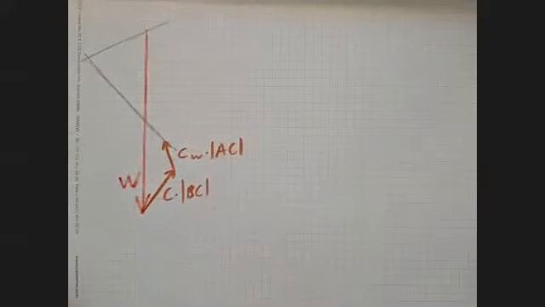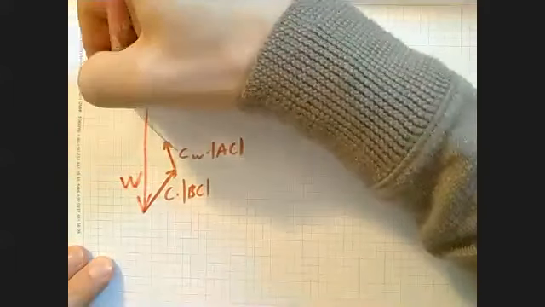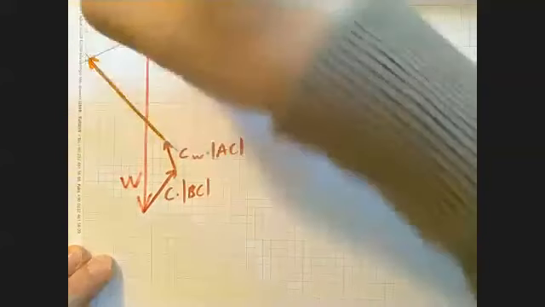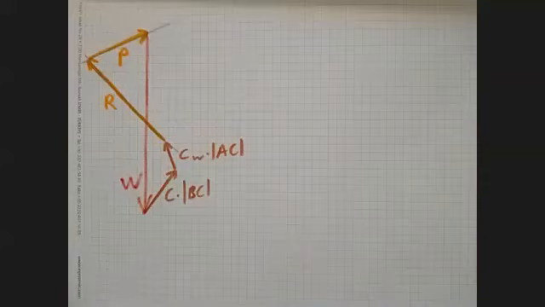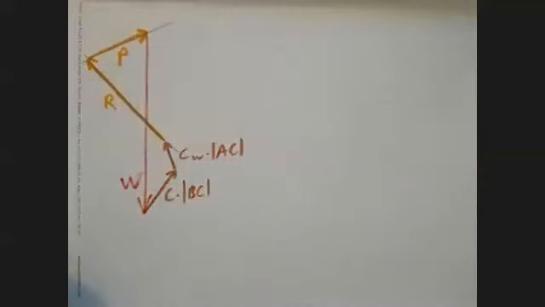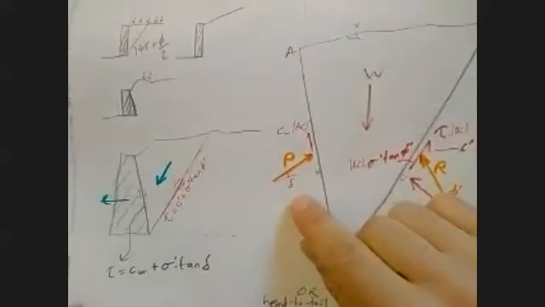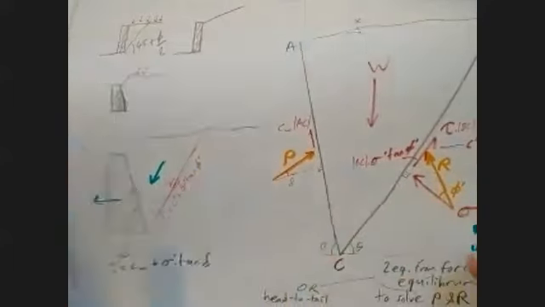Then the intersection point gives you both forces, because then you can draw this. So this is your R, this is your P. Very neat, very easy way of dealing with these forces. So once again, I wish I had these side by side. Actually, I can have that.